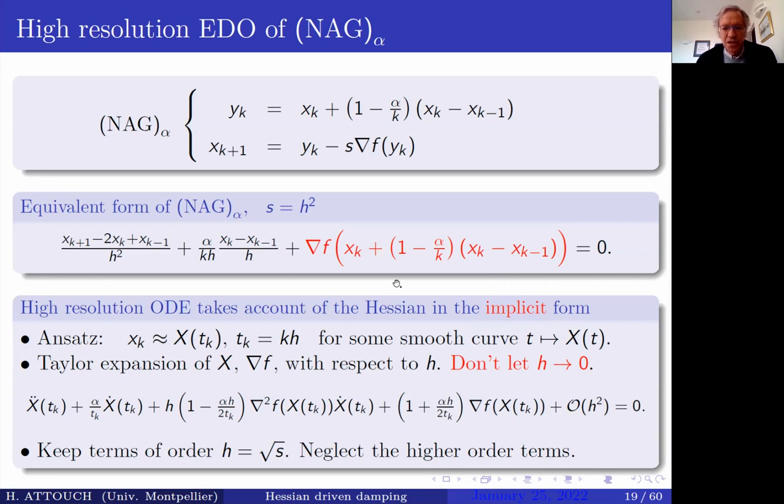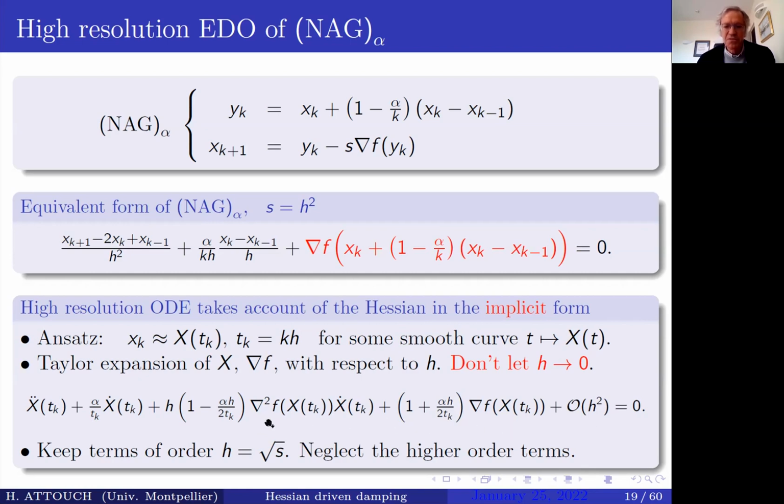We didn't imagine that deviation was present in the Nesterov algorithm, because here deviation is present in the implicit form. Because when you do Taylor expansion of this, this is small, this goes to 0. When you do Taylor expansion, you make appear deviation. So when you do high resolution ODE of the Nesterov method, that's what appears.